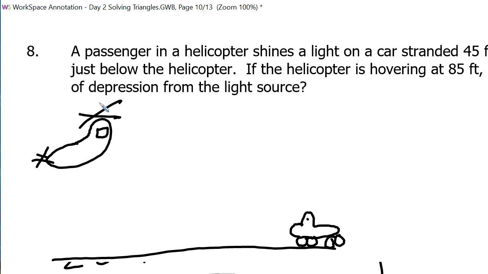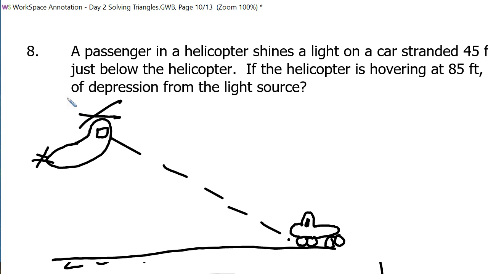So here's my passenger helicopter, and they're shining their light on the car. Somebody in this helicopter is shining their light on this car. So there's the light shining down.